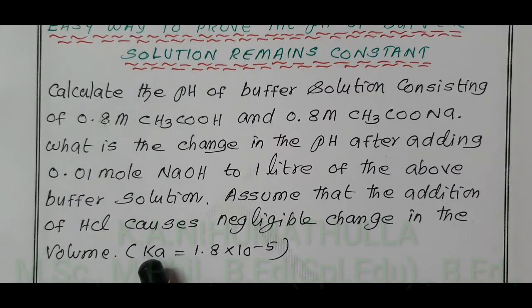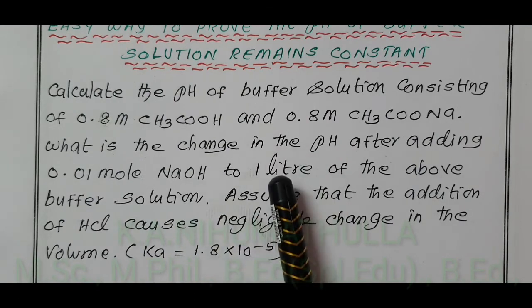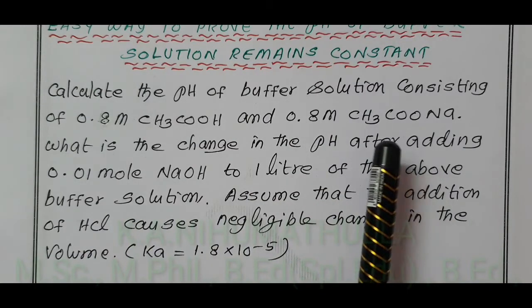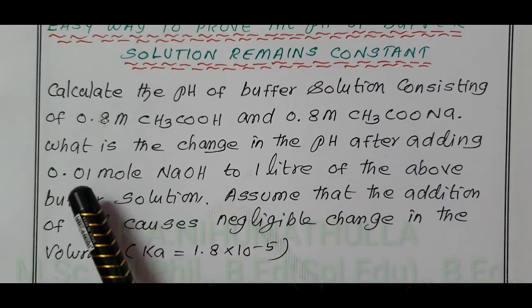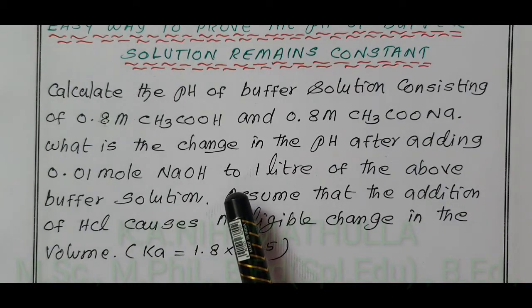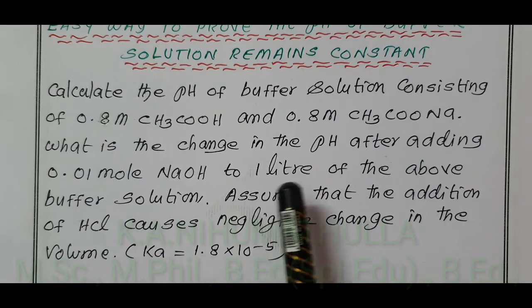Ka for acetic acid is 1.8 into 10 power minus 5. Now we are going to find out the pH of acidic buffer, and after adding 0.01 mole of sodium hydroxide, we are going to see whether the pH remains constant or not.